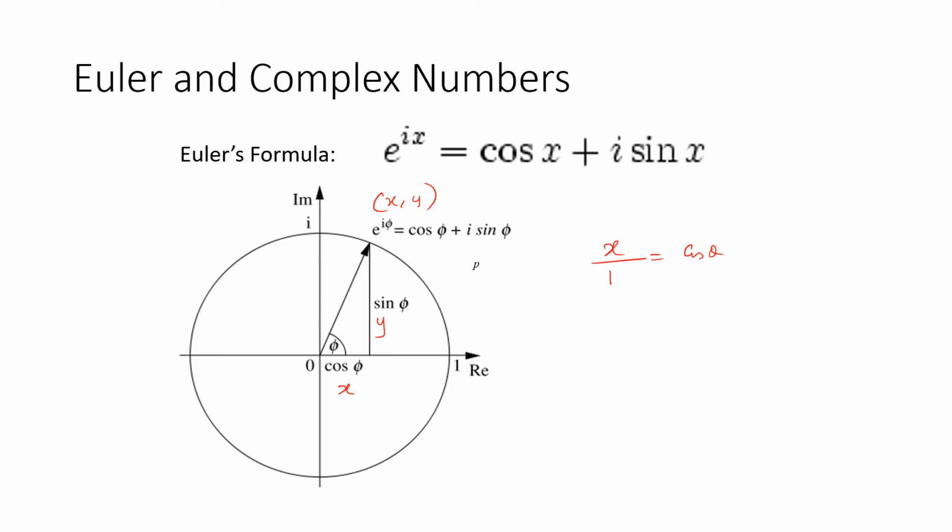And y, opposite side divided by hypotenuse, is sine theta, so y is sine phi. So your x coordinate for a complex number on the unit circle will be cosine theta, and the y coordinate of any point on the unit circle will be sine phi, which is given by Euler's formula e raised to ix equal to cosine x plus i sine x. He has included the number e after his name, Euler.